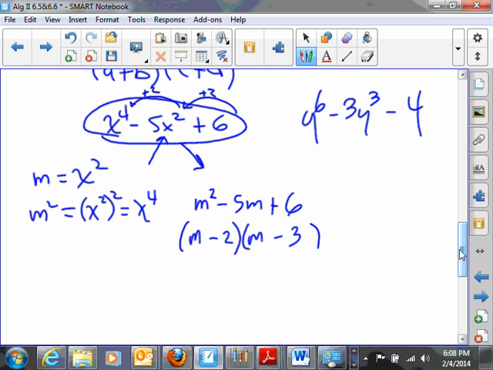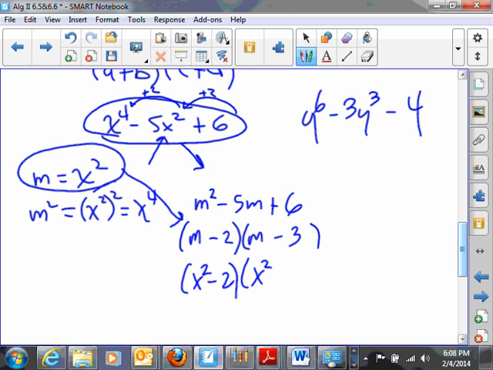We were hired to factor x to the 4th minus 5x squared plus 6, and we've just factored m squared minus 5m plus 6. But since m is x squared, we can substitute that back in to write it as x squared minus 2 times x squared minus 3. Neither of those factor any further, so we would be done.